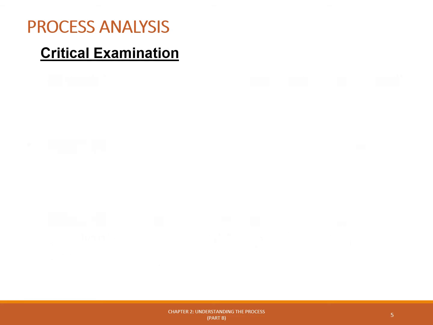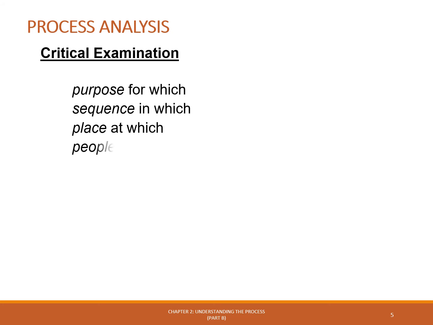A critical examination of the first set of flowcharts is often required, using a technique which follows a well-established sequence of questions to examine: the purpose for which, the sequence in which, the place at which, the people by which, and the method by which.